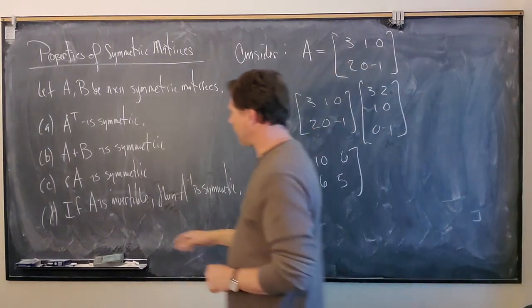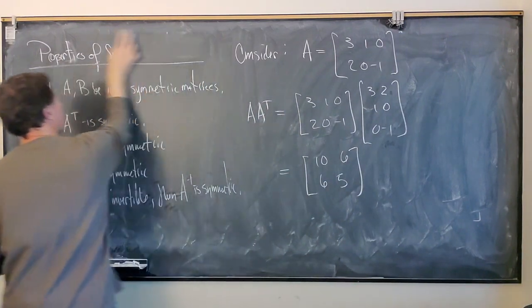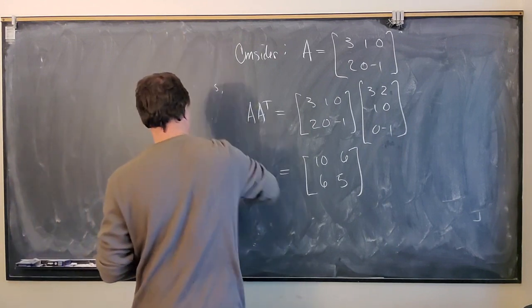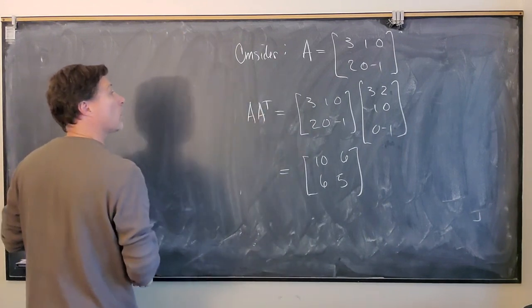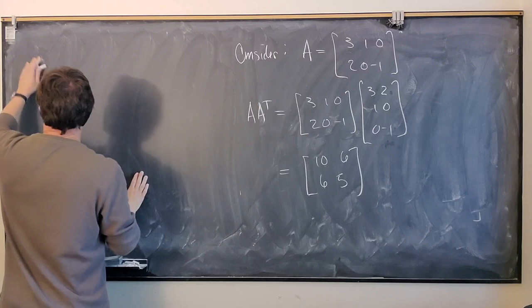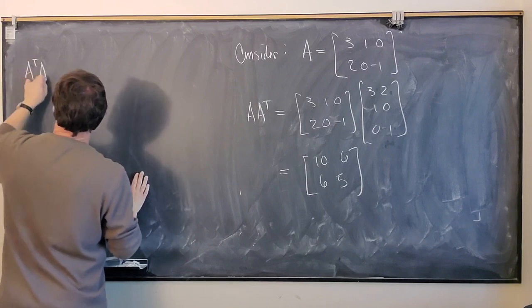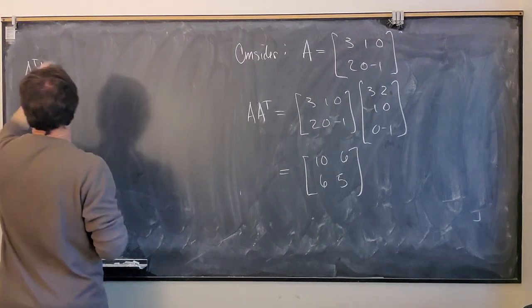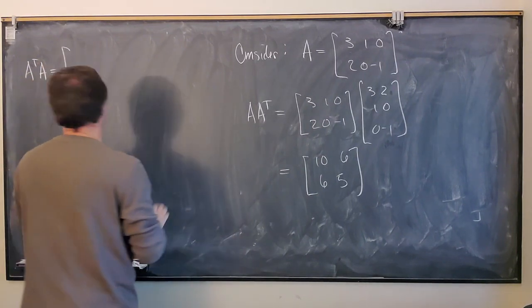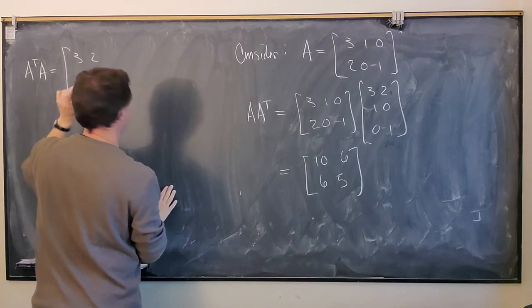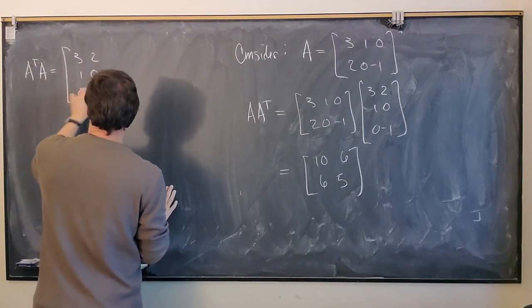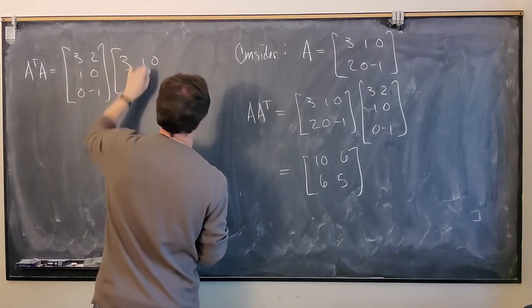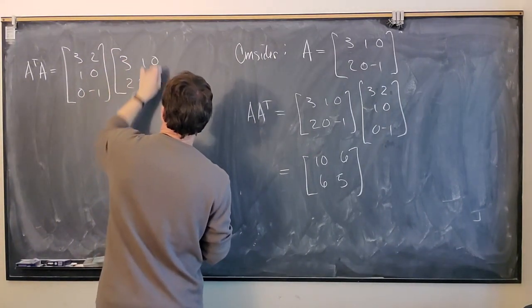Let's also look at A transpose times A. So that is going to be 3, 2, 1, 0, 0, minus 1, and then we'll multiply that by 3, 1, 0, 2, 0, minus 1.